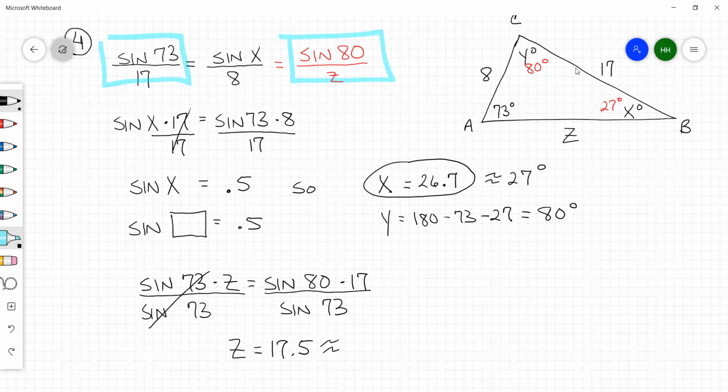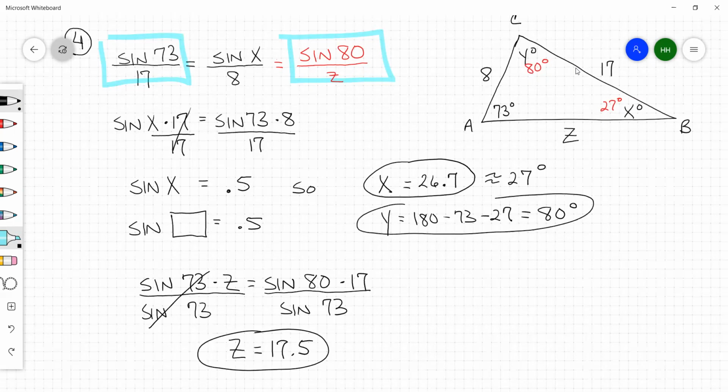That rounds to, if we're going to round angle measures to the nearest degree and side lengths to the nearest tenth, so side length to the nearest tenth, we're done. So here's your x, here's your y, and here's your z.